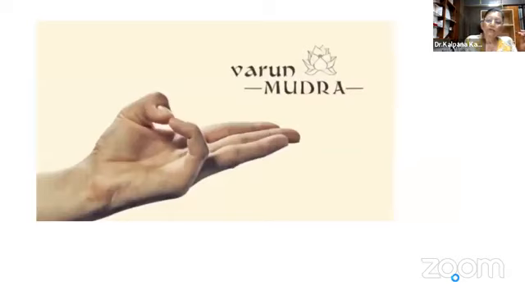So Varun Mudra. Now Varun Mudra, Varun Dev. Remember I told you Varun Dev, Prithvi Devi, Vayu Dev, Agni Dev, Agni and Akash. So now Varun Dev, you're meditating on Varun Dev. Every day after the yoga class, we say Om Varun Devaye Namaha. I don't know whether you notice, but usually I do that.